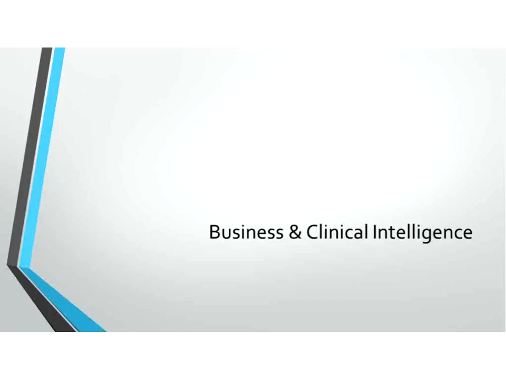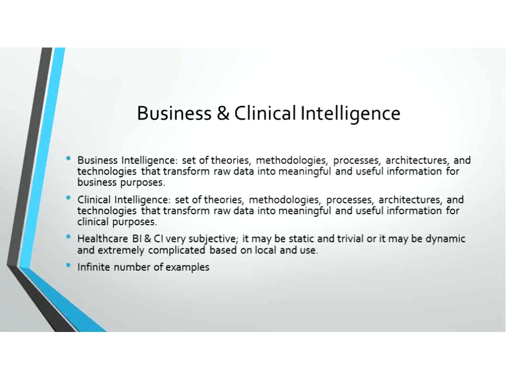Now we're going to change direction a little bit. We're still in the same ballpark, but we're going to focus more on business and clinical intelligence, or BICI. That's your acronym for it. The definition for business intelligence and clinical intelligence is basically a set of theories, methodologies, processes, architectures, and technologies that transform raw data into meaningful and useful information for business purposes.